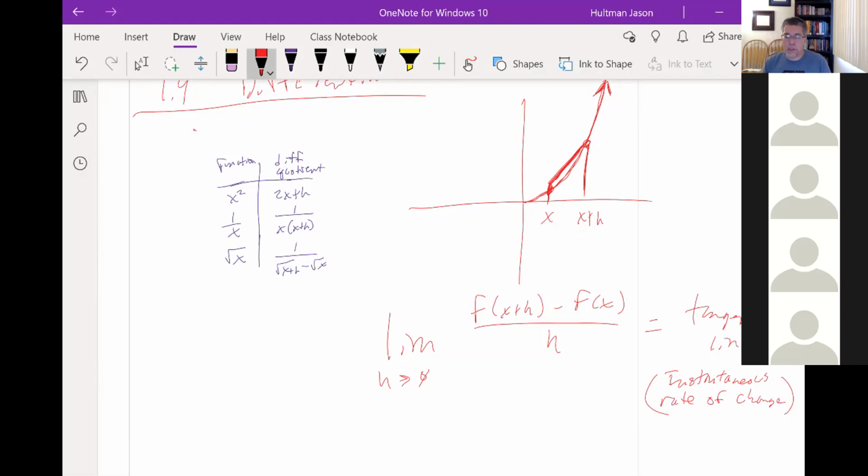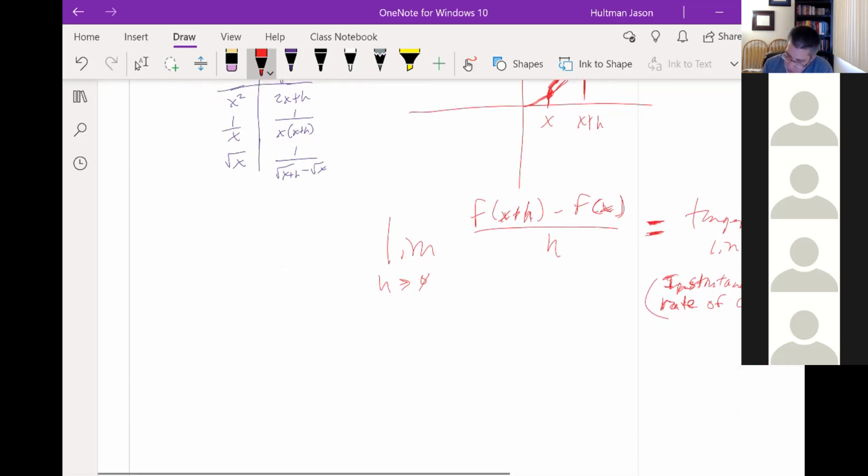Okay, it's the instantaneous rate of change, the tangent line.